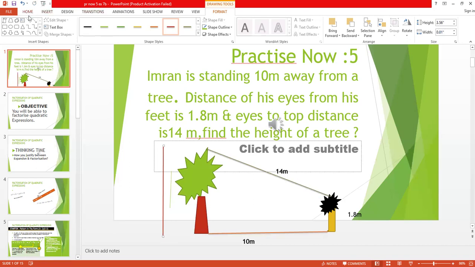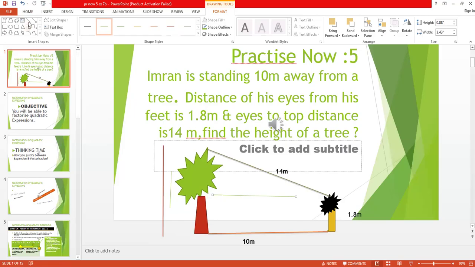I have to take the shape. Look here. Okay.